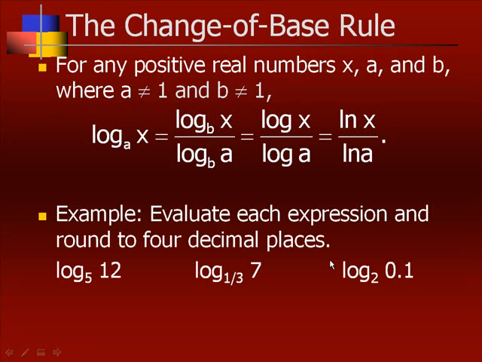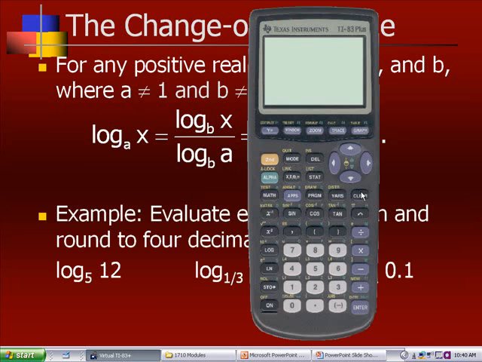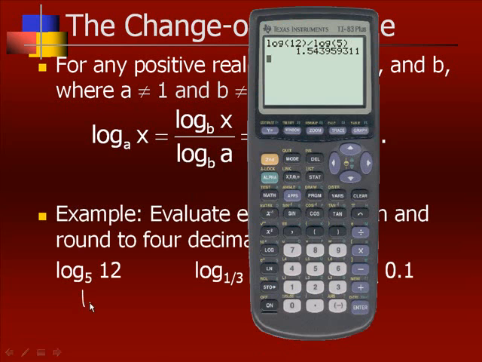For example, evaluate each expression and round to 4 decimal places. The log of 12 base 5 is the log of 12 divided by the log of 5, which would give us 1.543959.